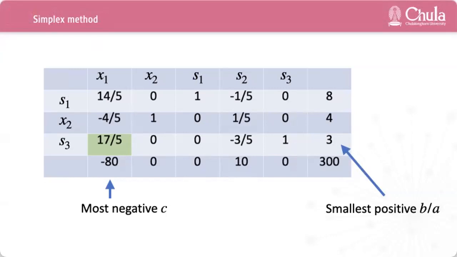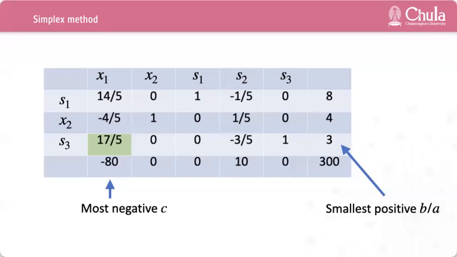Okay, so we use the same trick. We consider the coefficient of objective function. You see that now the coefficient of x1 is minus 80. What does it mean? It means that if we introduce x1 to the set of basic variables, we can improve the objective function, right?